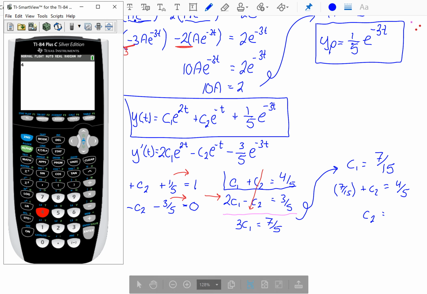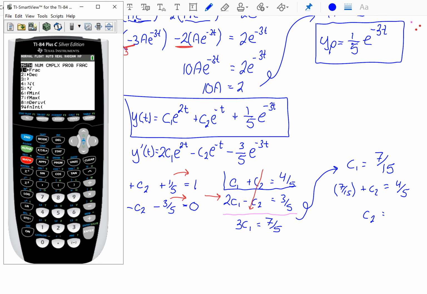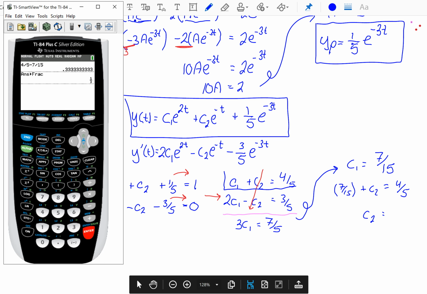I want my answer as a decimal or as a fraction, so I'm going to hit the math button and choose option 1 for fraction, which tells us it should be 1/3.